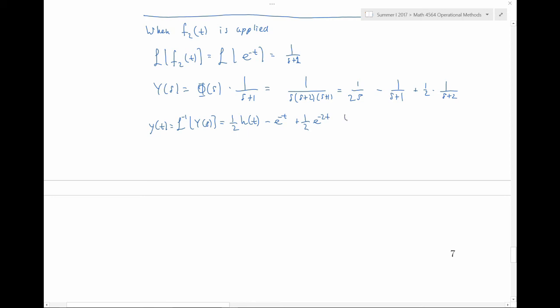And for positive t, this equals 1 half minus e to the minus t plus 1 half e to the minus 2t.